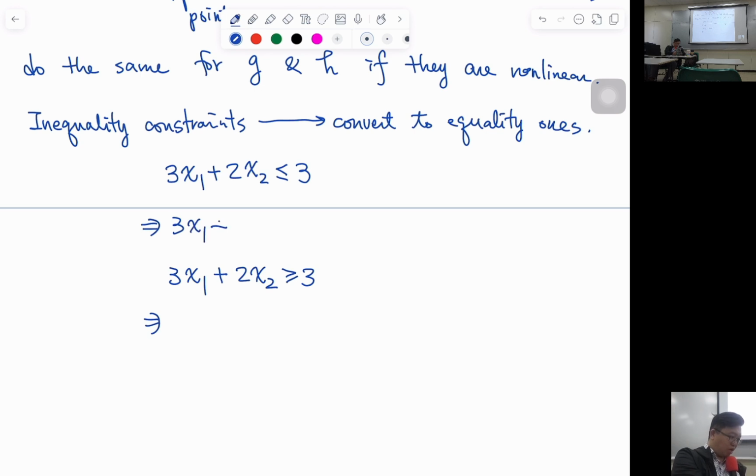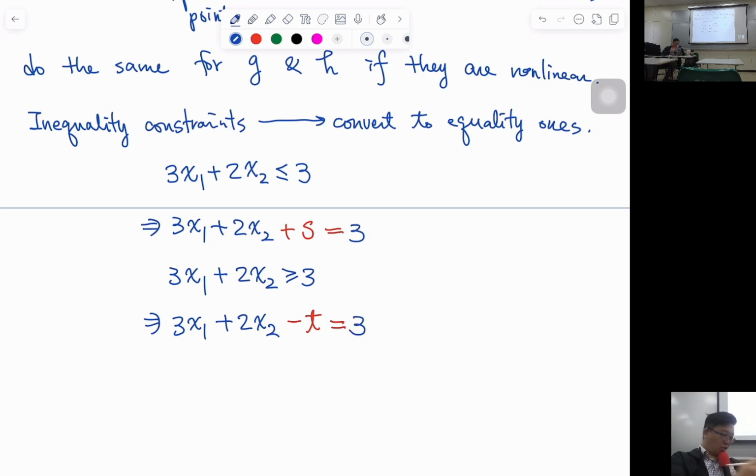Okay, we copy everything on the left hand side, and then we introduce a new variable, s for the first and minus t for the second. For the right hand side, convert everything into an equal sign, keeping the right hand side. And also s must be positive, t must be positive.